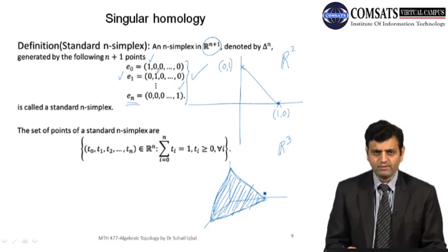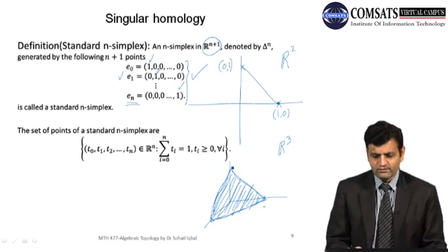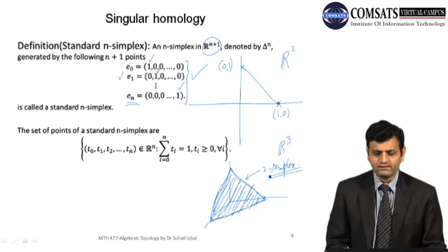This area which looks like a triangle at its boundary is basically a 2 simplex, and this is the standard 2 simplex.